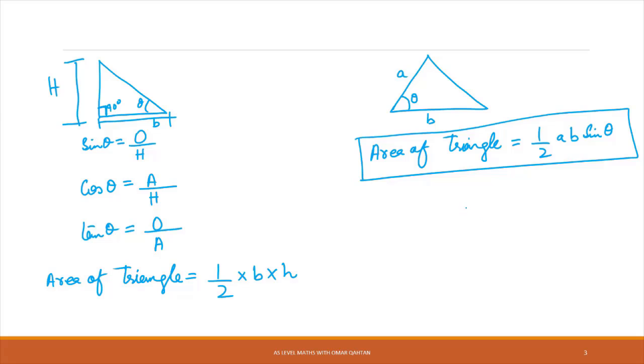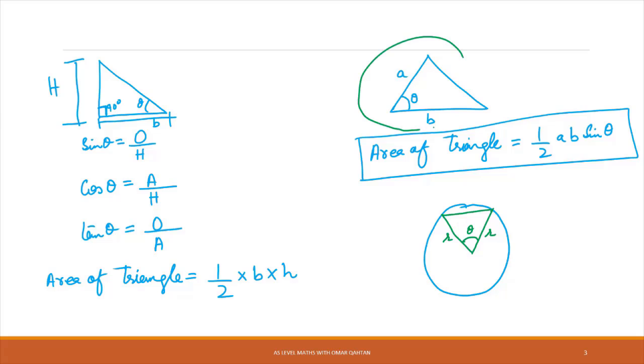What if you have a circle over here and you have a triangle in this circle? How would you find the area of this triangle? That would be pretty easy for us. If you have a triangle somewhat like this, we just need to take these sides and this angle, and we have this formula then.